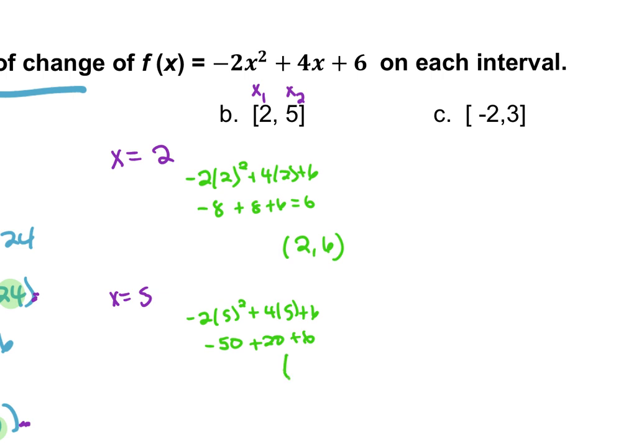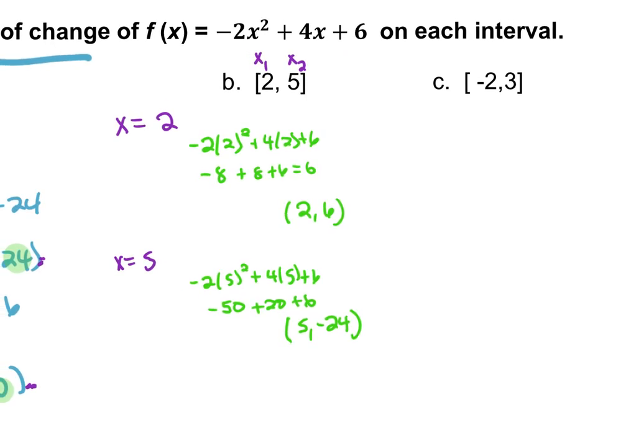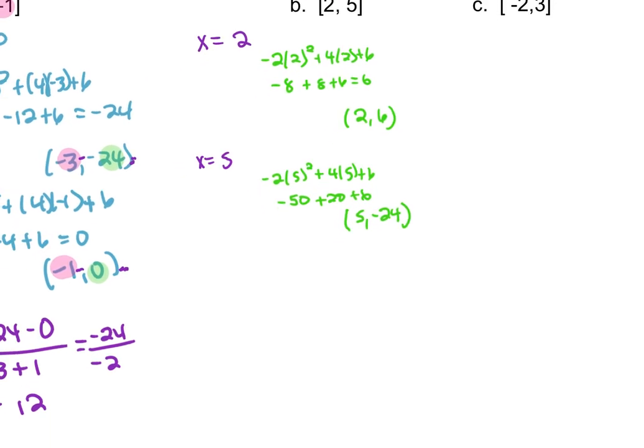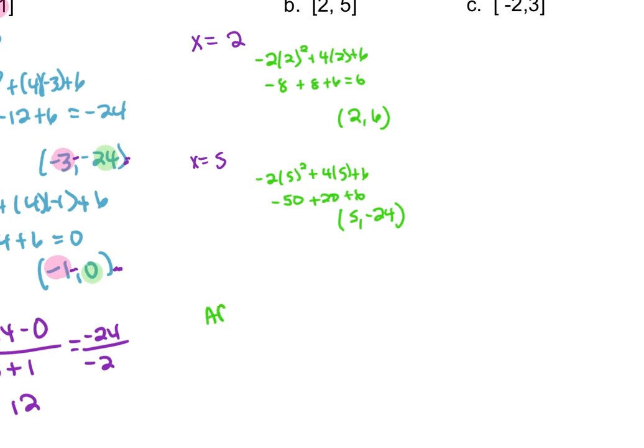So our second point is 5 comma negative 24. Yep. Okay. And now we are going to do AROC. In other words, plug into your slope formula. So your pick in terms of the order that we're going to do this.